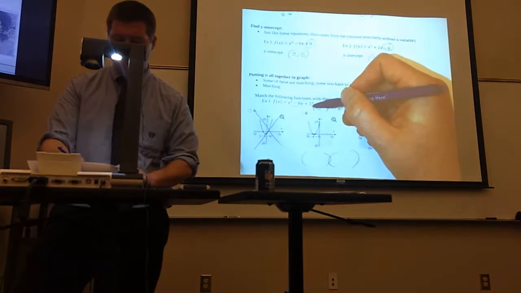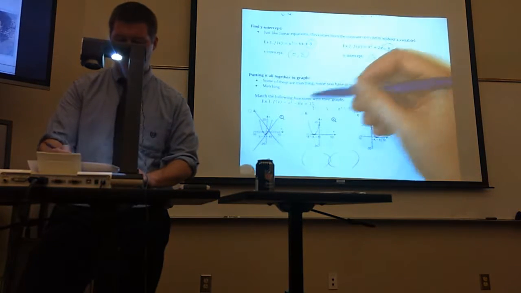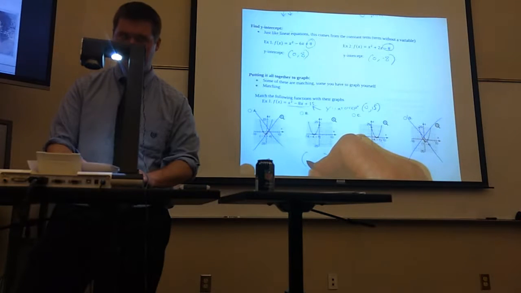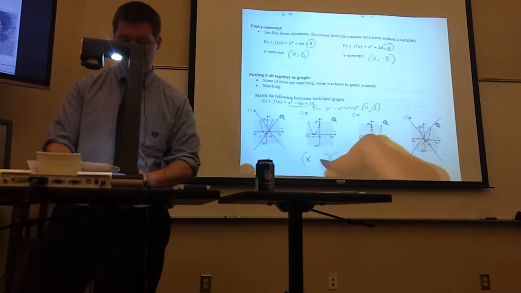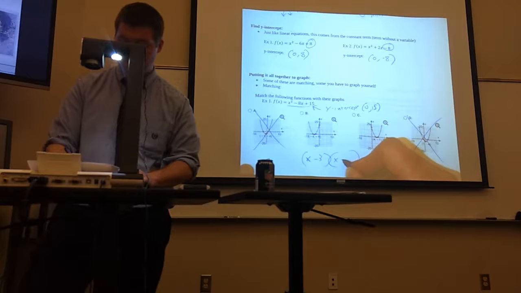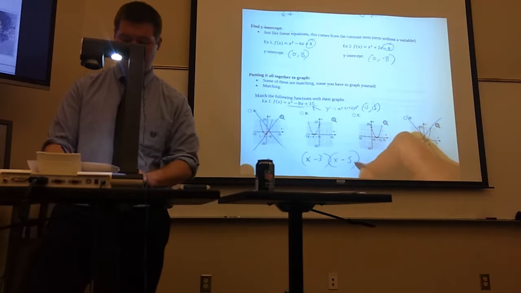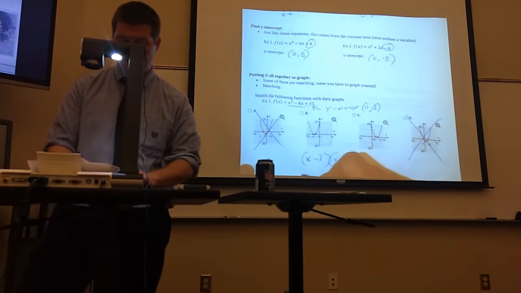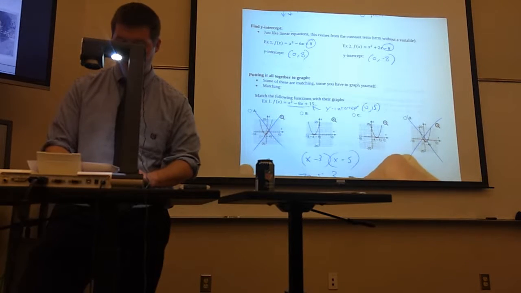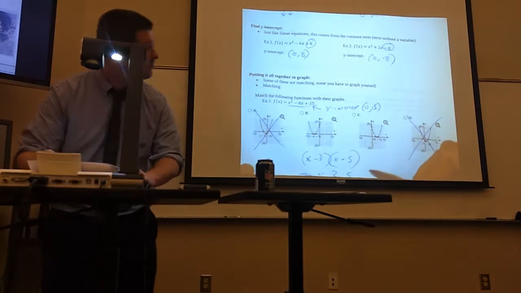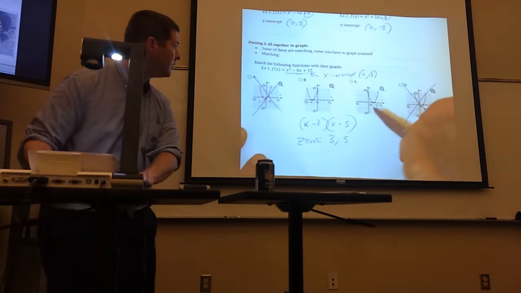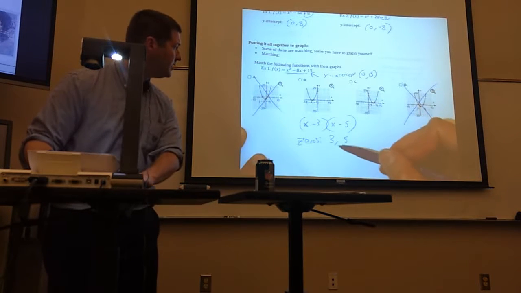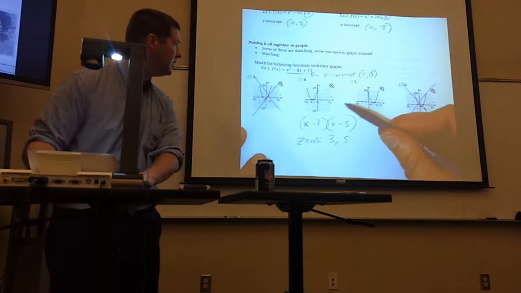What multiplies to 15 and adds to -8? So the zeros that go along with that, +3, +5. So which ones cross at 3 and 5?